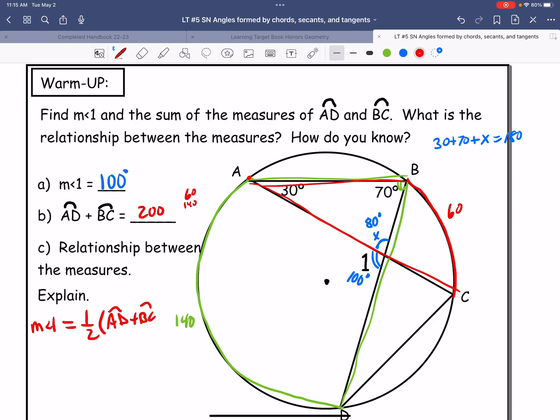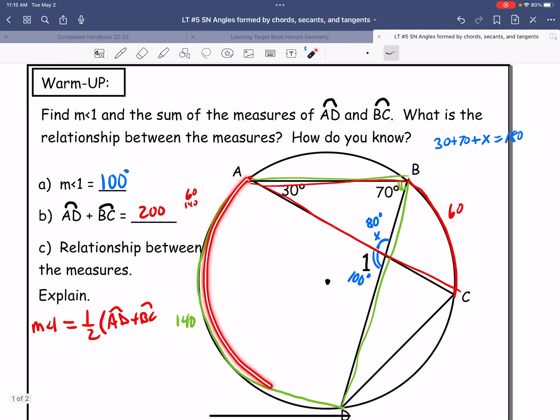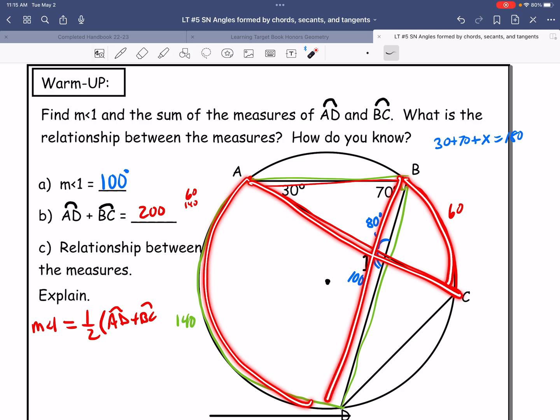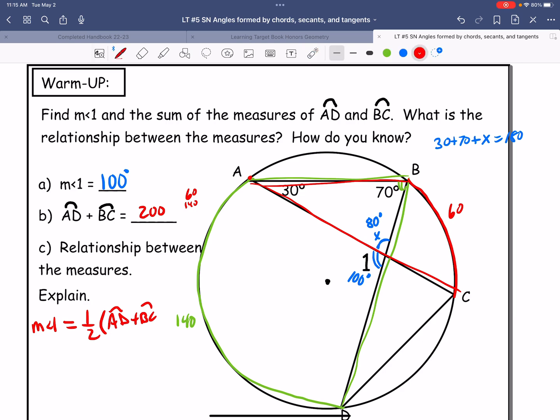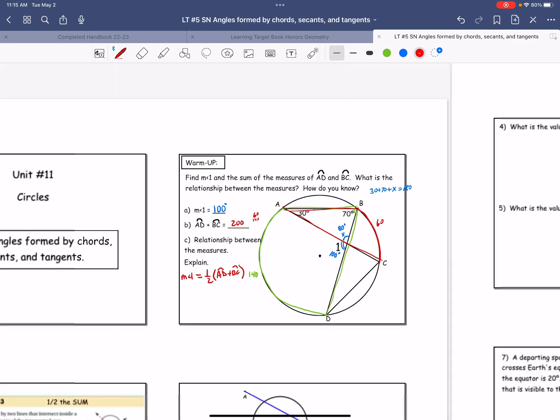And AD and BC are both considered the arcs created by angle 1. So angle 1 being here, these are the intercepted arcs. So it's half the sum of those arcs. And that's one of the properties we're going to look at today.